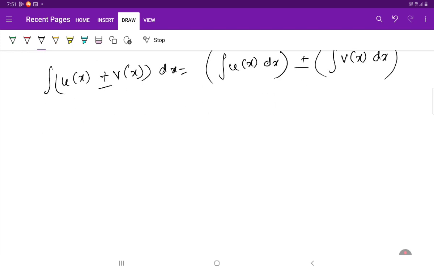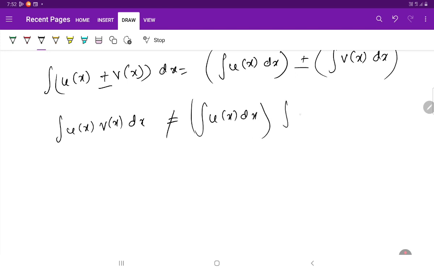But one thing you must remember is that the integration of u(x) into v(x) dx cannot be written as the integration of u(x) dx into the integration of v(x) dx. Or for division also, we cannot write it like this. We have a more detailed and lengthier formula for it.